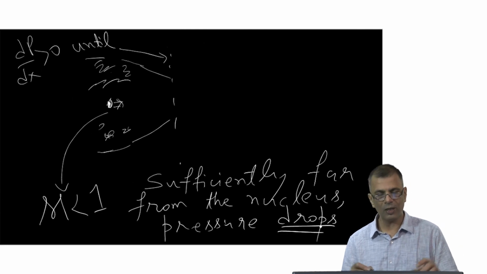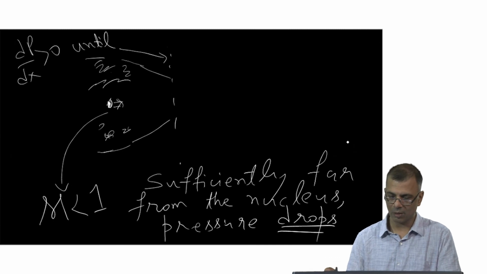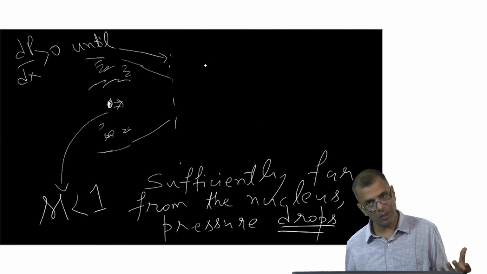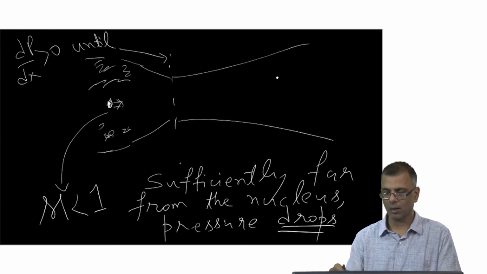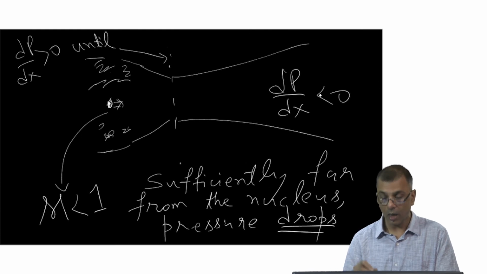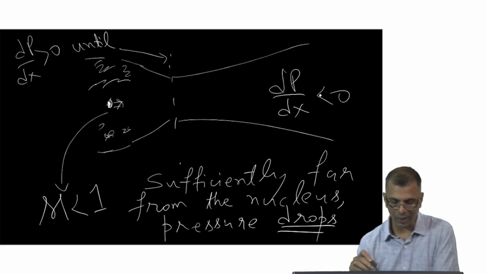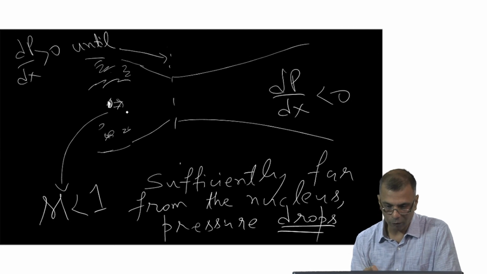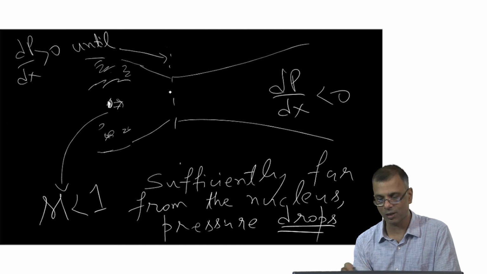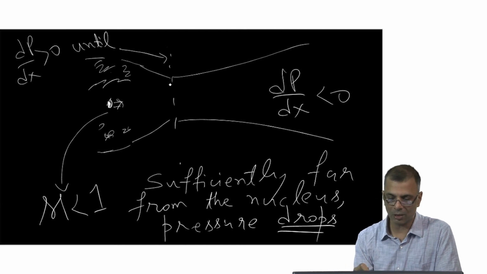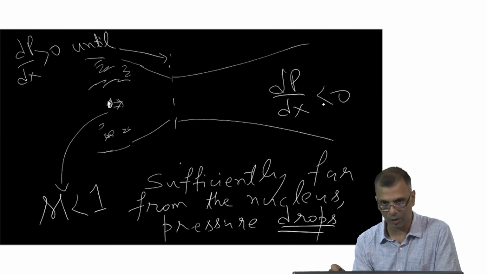In other words, dP dx becomes less than 0, and dP dx becoming less than 0 is as good as a diverging nozzle. What you have to engineer is that the flow used to be subsonic until... The other thing is this drawing is not to scale. This is very, very close to the object, and all of these are quite far from the central object.